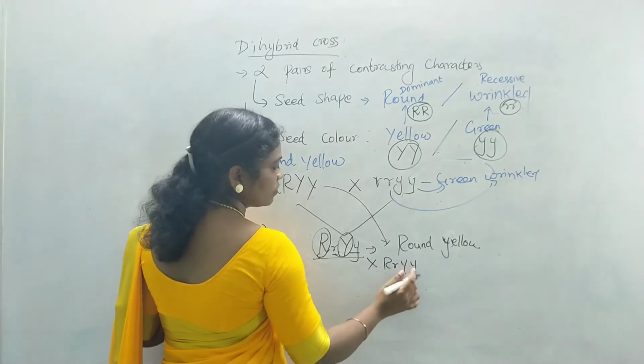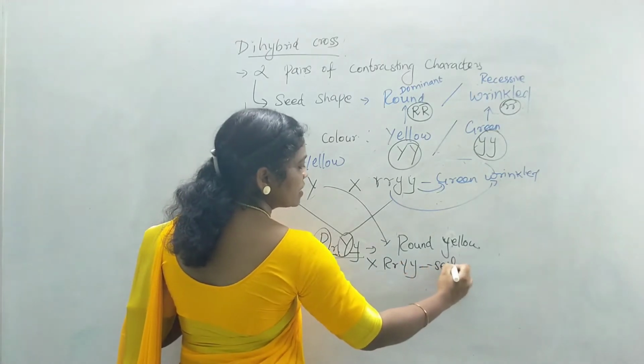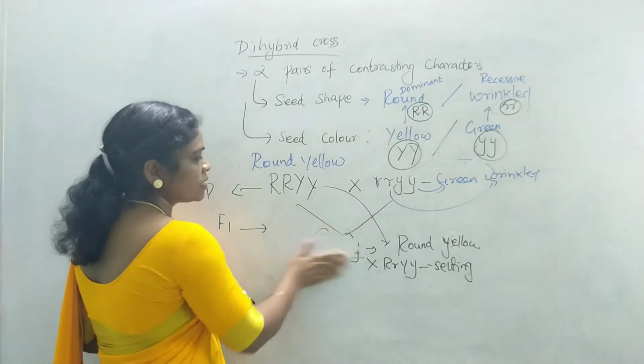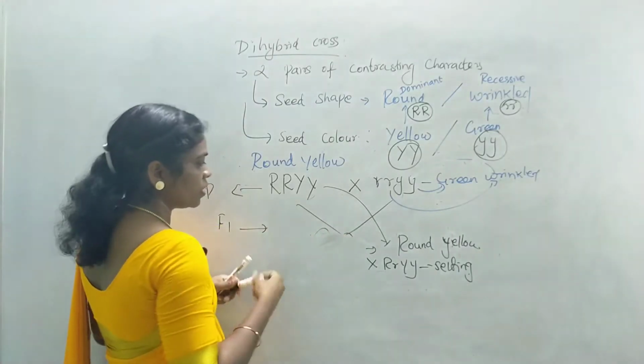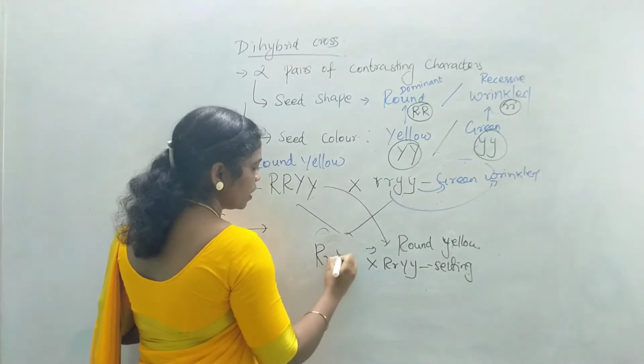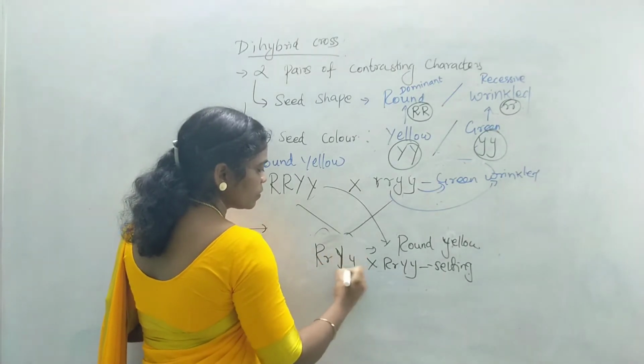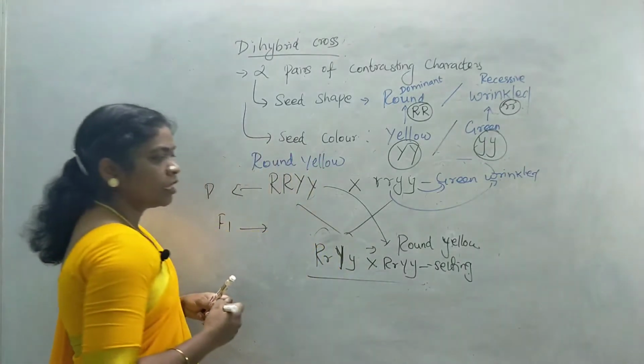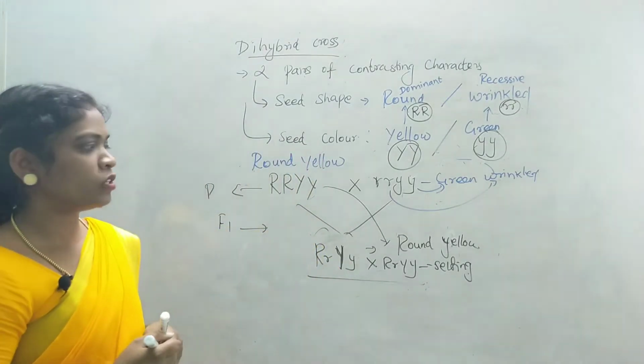It is known as selfing. He has done selfing in the F1 generation. I will write here so that it will be clear: capital R, capital Y, small y. This is what he has done in the F1 generation, known as selfing.